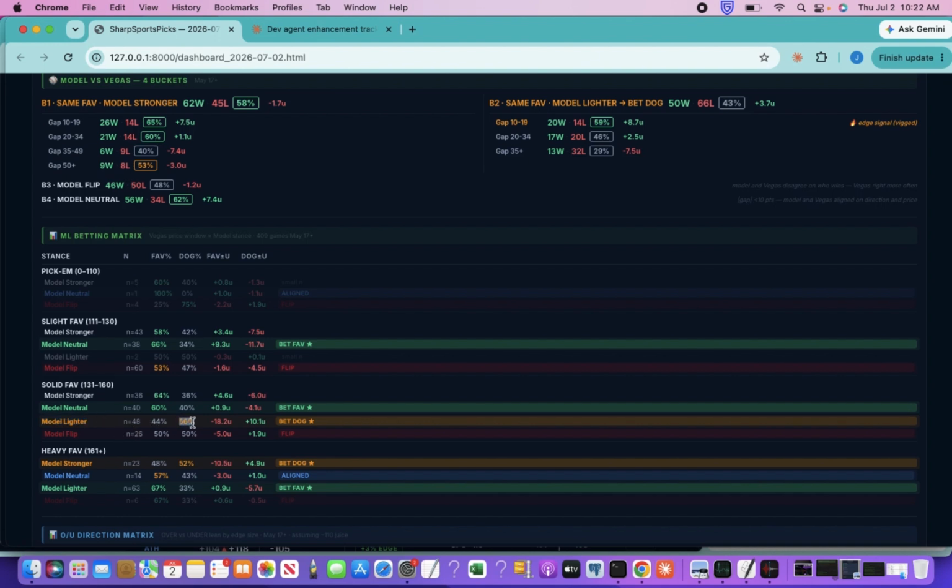And it's kind of crazy right here because the dog actually wins in these games 56% of the time. So if we bet the favorites in these instances, we would be down 18 units. But if we bet the underdog in those situations, we'd be up 10 units. So I thought that was pretty interesting that when we're still in the same favorite as Vegas, but our model just has it closer to a pick'em, the underdog actually wins outright 56% of the time.